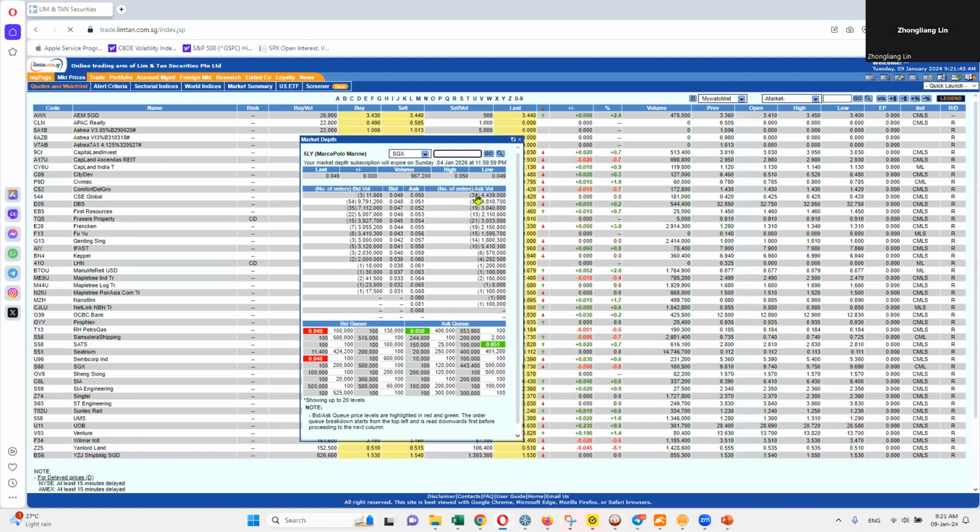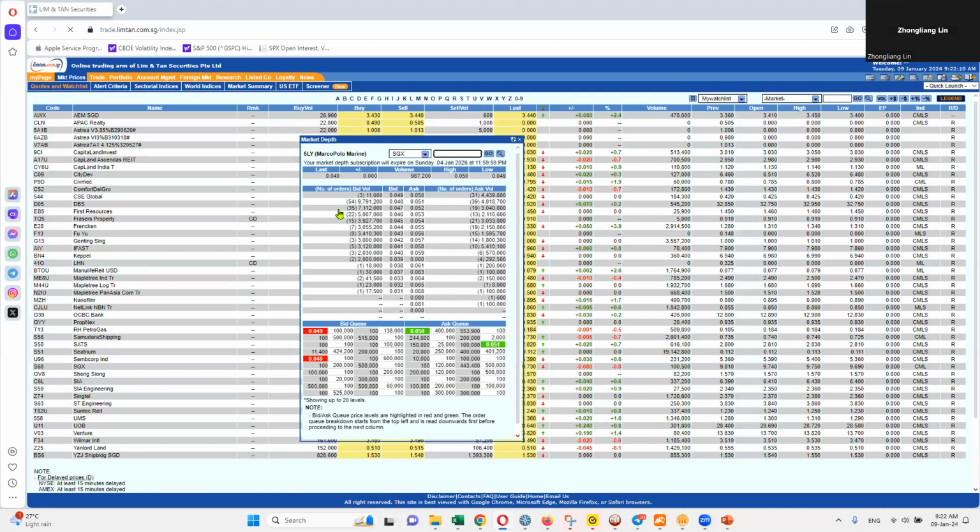And sometimes you can see the ask queue getting lesser in numbers. So over here, let's say you have 31 queues and 4.4 million. If you see this number dropping drastically, for example it went to 2 million and the queues become only 10, meaning sometimes the stock is ready to move up.